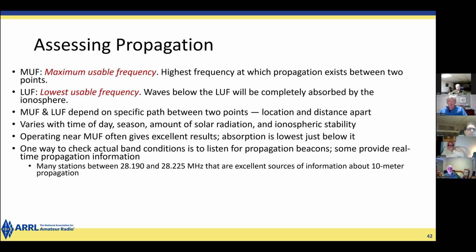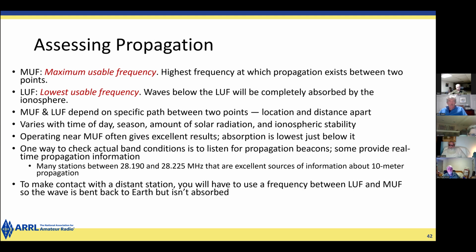One way to check for actual band conditions is to listen for propagation beacons, which are on several bands. There are many stations in the beacon allocation, agreed to by gentleman's agreement, that will tell you where 10 meters is open, and you can listen for yourself.